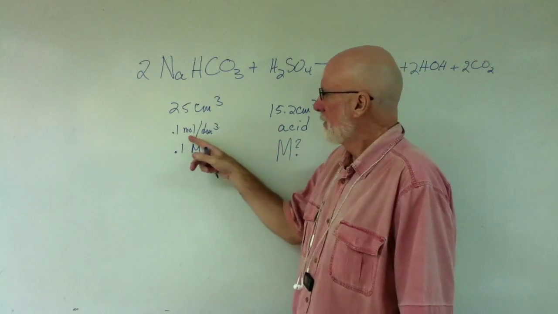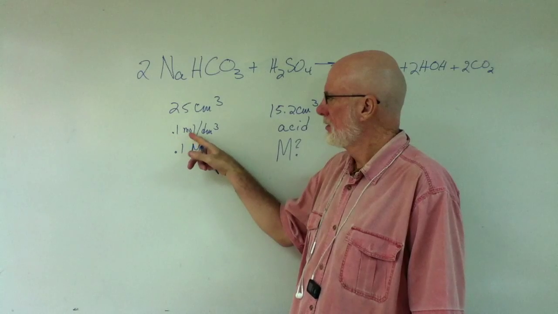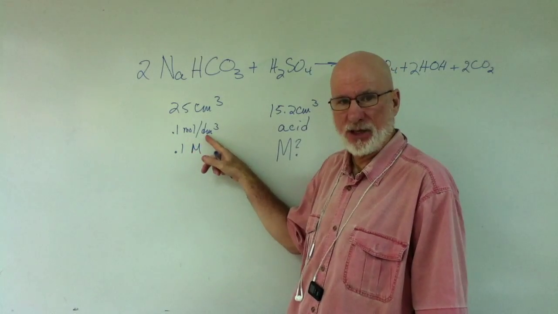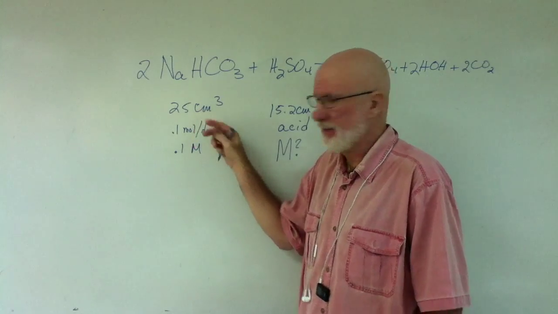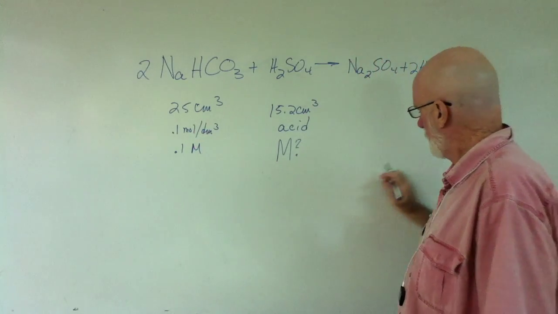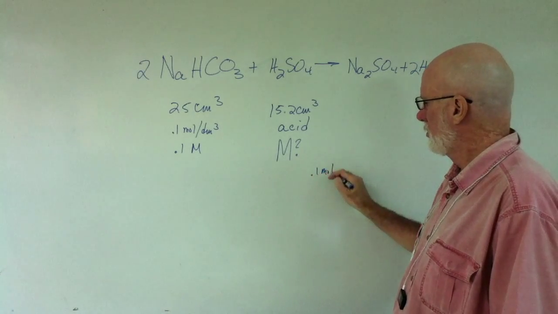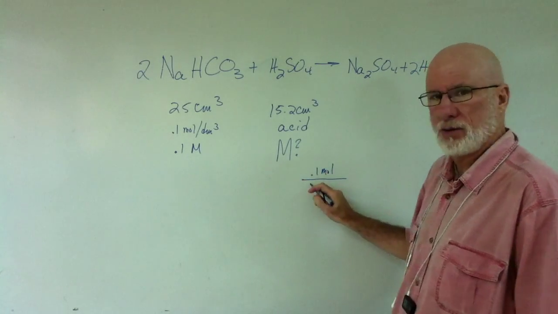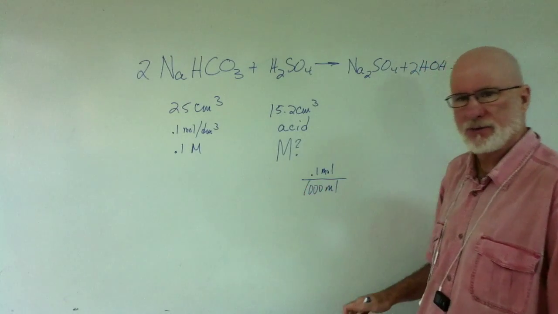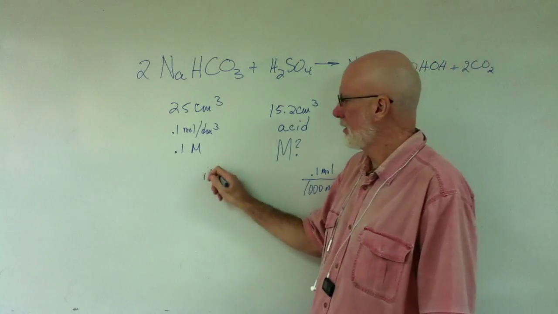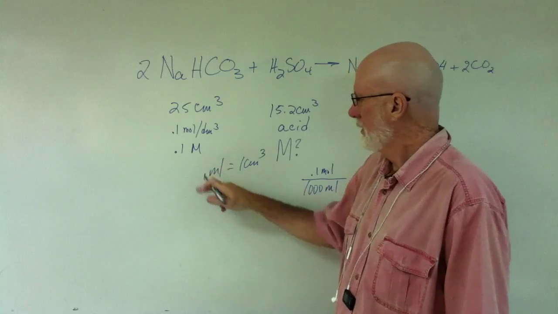Well, I know that if I have 0.1 moles, that's in a liter, but I only have 25 cubic centimeters, right? So if I have 0.1 mole per 1,000 milliliters, remember, 1 milliliter equals 1 cubic centimeter, okay?